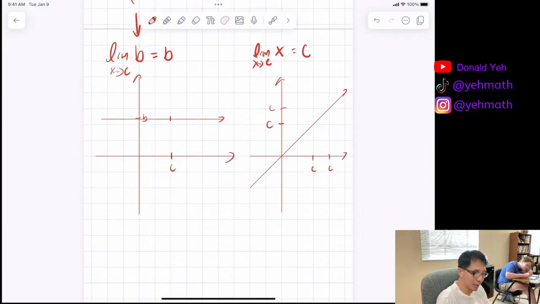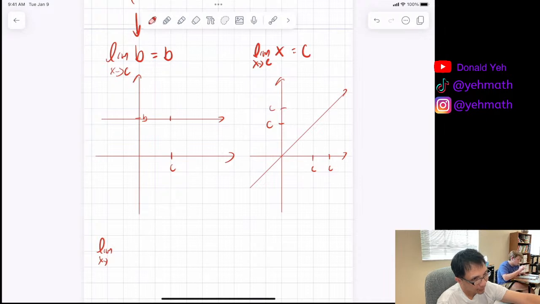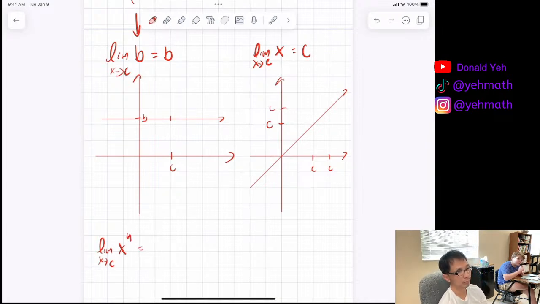Okay, let me give you another one: the limit as x approaches c of x to the n. These are some basic limits that people need to understand, but I want you to start thinking graphically every single time.